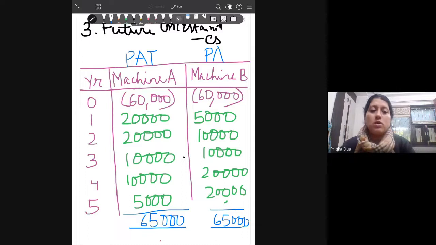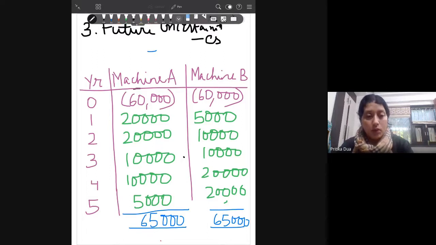Meaning the cost of both is exactly the same. 60,000 rupees is the cost of both the machines. These are actually cash flows. And for both the machines, the life is 5 years. So the economic life, both machines will be operational for 5 years.